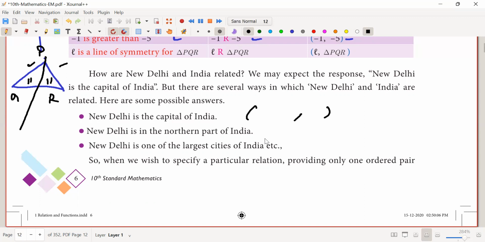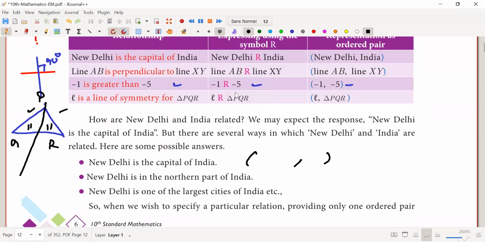Likewise, this also applies to line AB and line XY. They can be related in any way. Line AB and line XY are parallel, they will not connect at all. Line AB and line XY intersect. Line AB and line XY are perpendicular. Line AB and line XY are the same line.